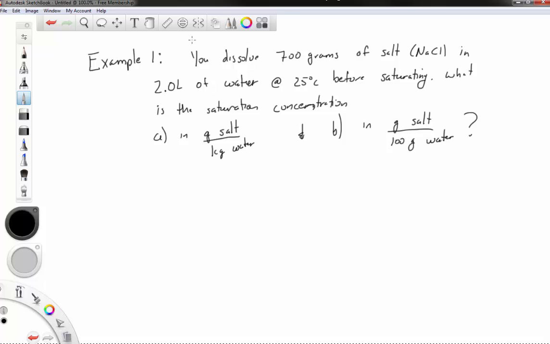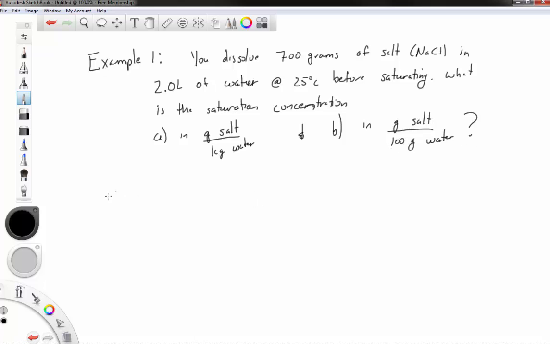So for our first example, let's say that you dissolve 700 grams of salt in 2 liters of water at 25 degrees C before saturating. So the question is, what is the saturation concentration in both units of grams salt per kilogram water and in units of grams salt per 100 grams of water?